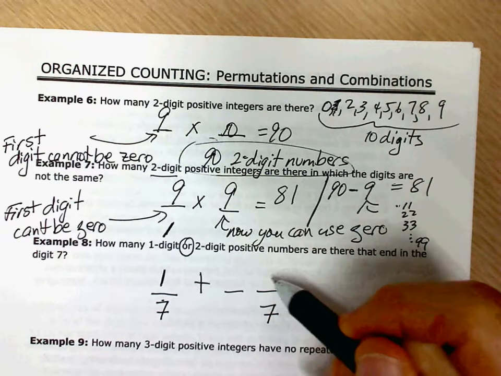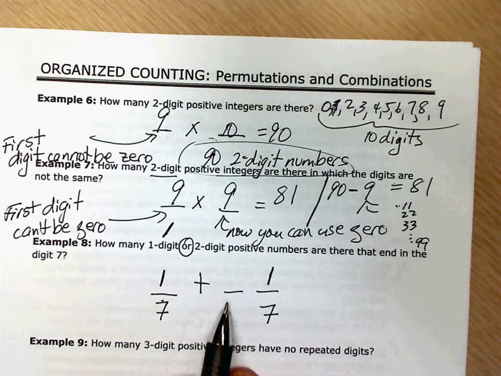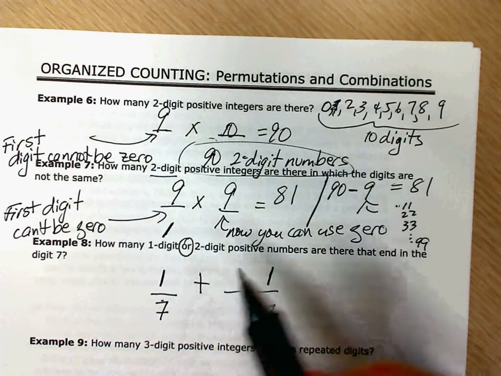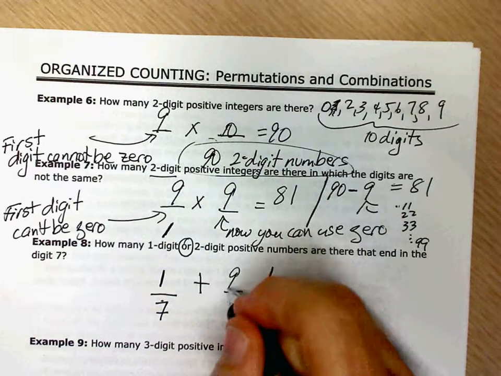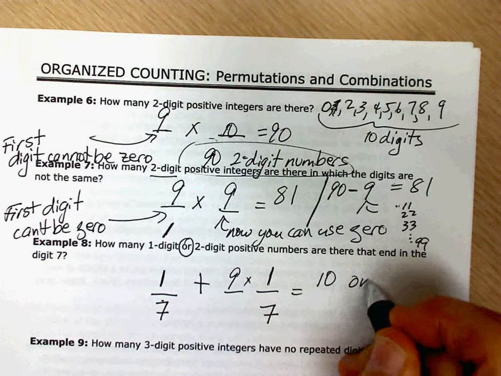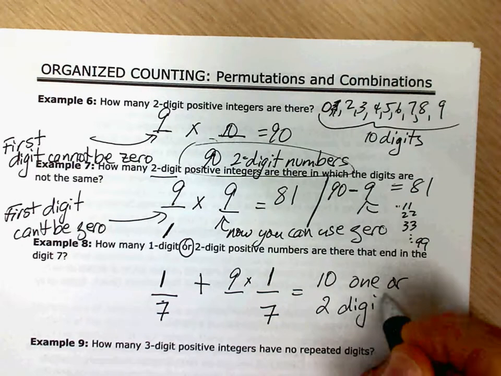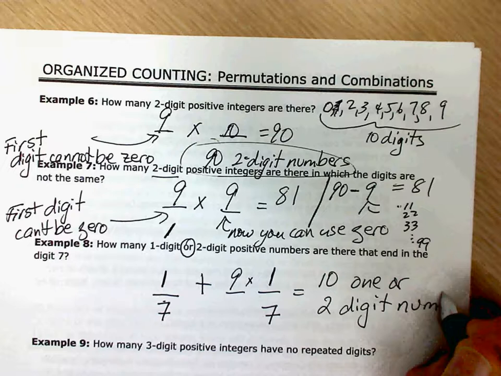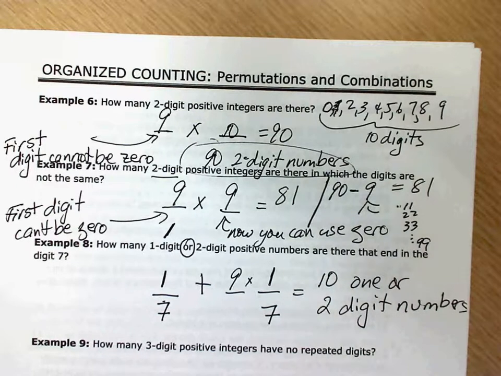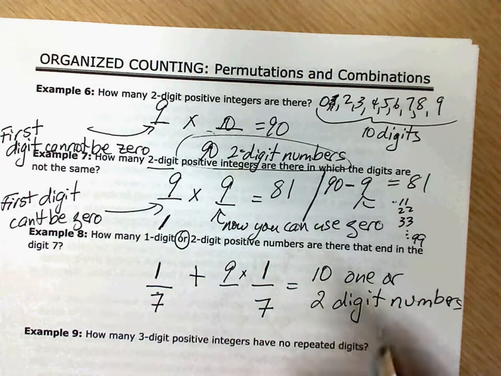And how many choices do I have for the first digit? 9, because that can't be 0. So there are 10 one or two-digit numbers. Oh, 10 and subtract starting with 0? Yeah, you could.